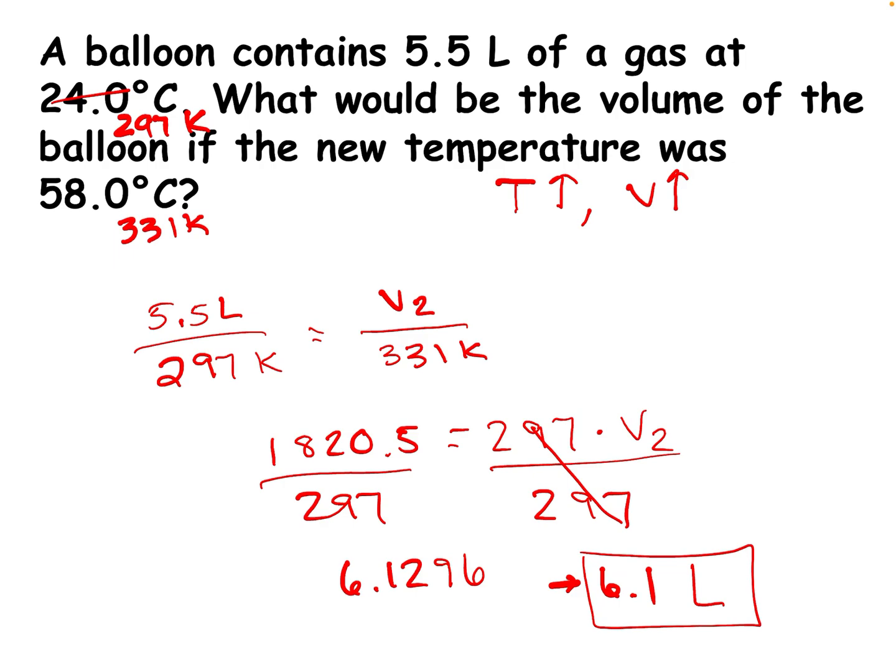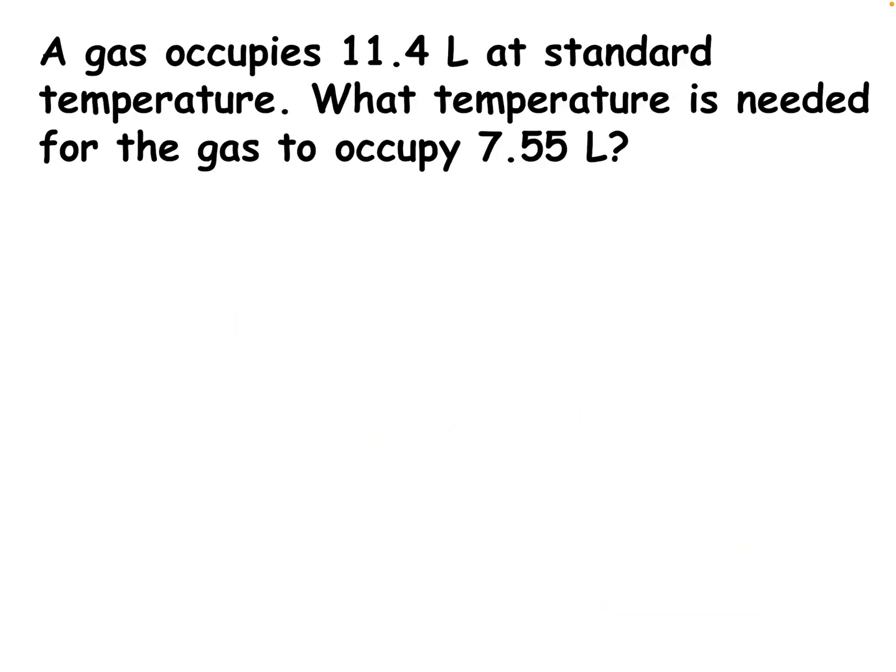Now, if you didn't have a mean chemistry teacher like me, you could probably keep 6.13, because that 9 would round up. Okay? Pretty straightforward formula, and you notice that the volume did increase from 5.5 liters to 6.1.